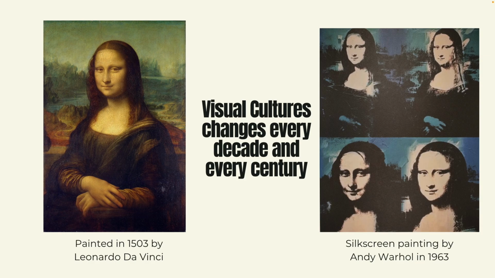Now, in 63, it was very unique that Andy Warhol was able to put a spin on the mass consumption of the Mona Lisa, because not everyone can go to the Louvre in Paris to see it.